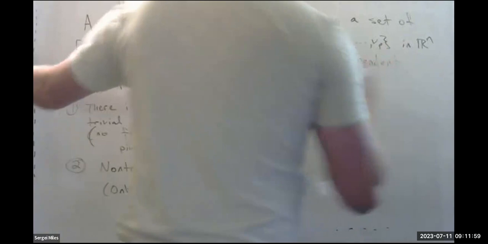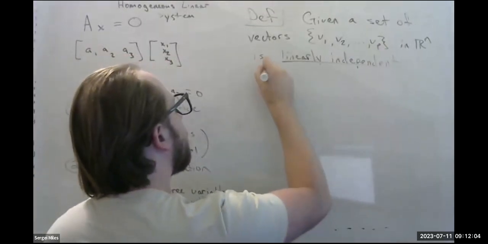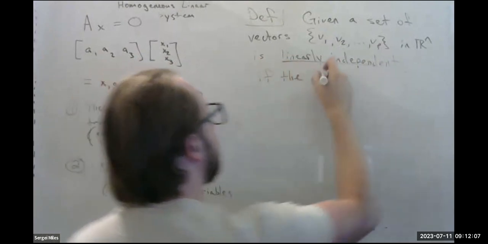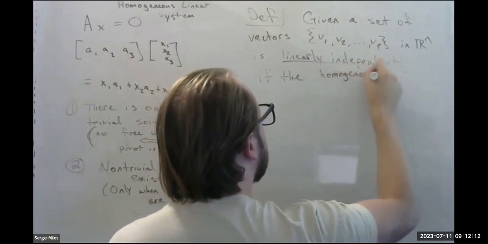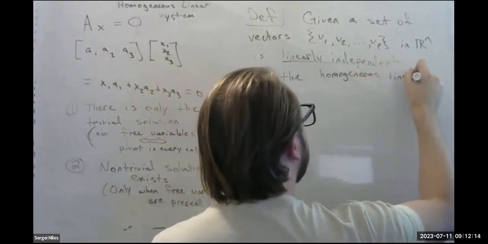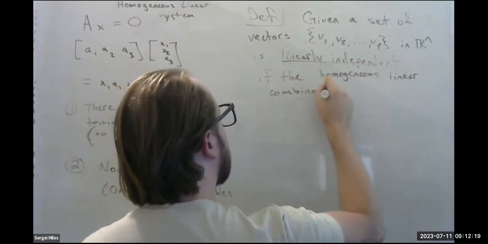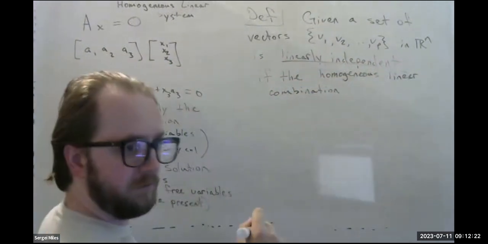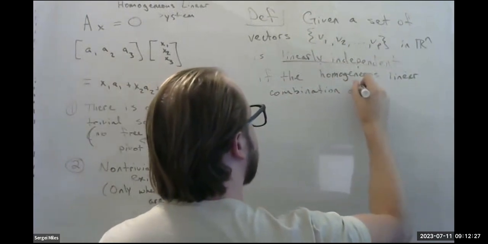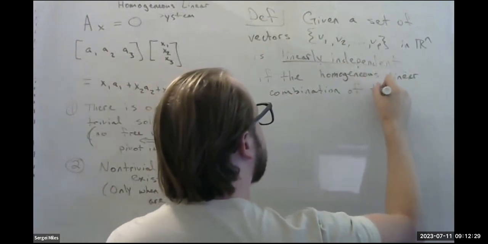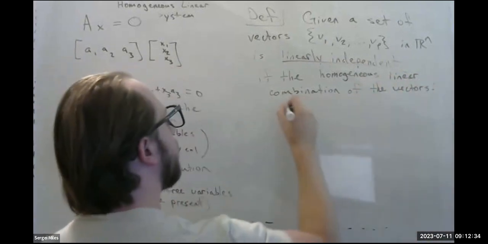This is going to be a super important vocabulary. We're going to say a set of vectors is linearly independent if the homogeneous linear combination of the vectors, so what is that linear combination?